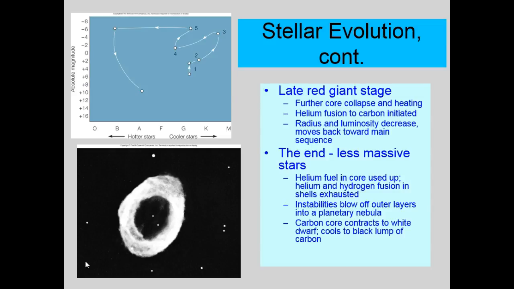Luminosity decreases, moves back toward the main sequence then. But then all the helium is used up. At this time, the instability, the core collapses again, and that's when a huge amount of heat, that's what makes it white now, even though it wasn't that hot a star to begin with.